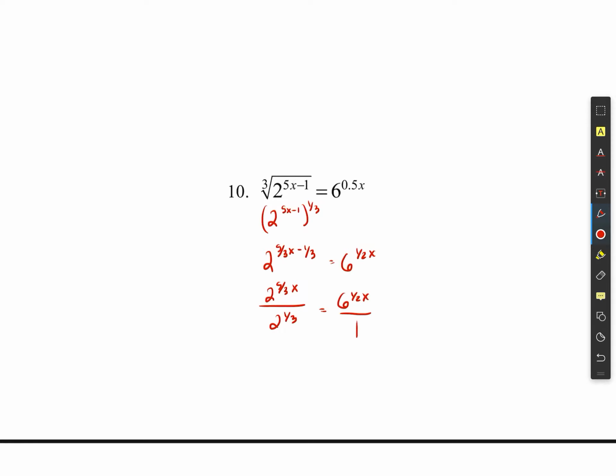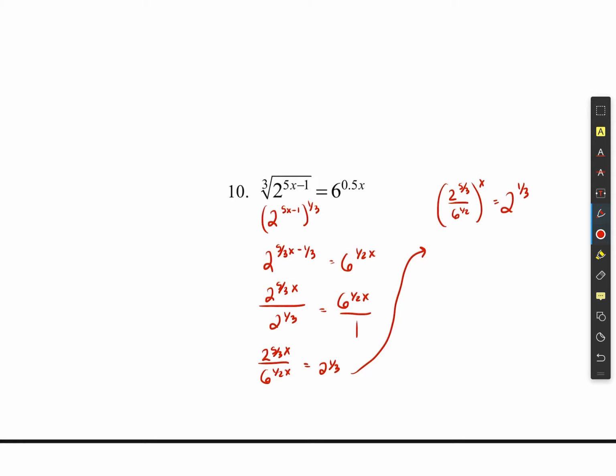Nothing going on there. So if I cross multiply and divide, in this situation, I can get this as 2 to the 5/3 x over 6 to the 1/2 x equals 2 to the 1/3, which would give me 2 to the 5/3 over 6 to the 1/2, to the x, equals 2 to the 1/3. Now this is an ugly setup, but this is going to work.